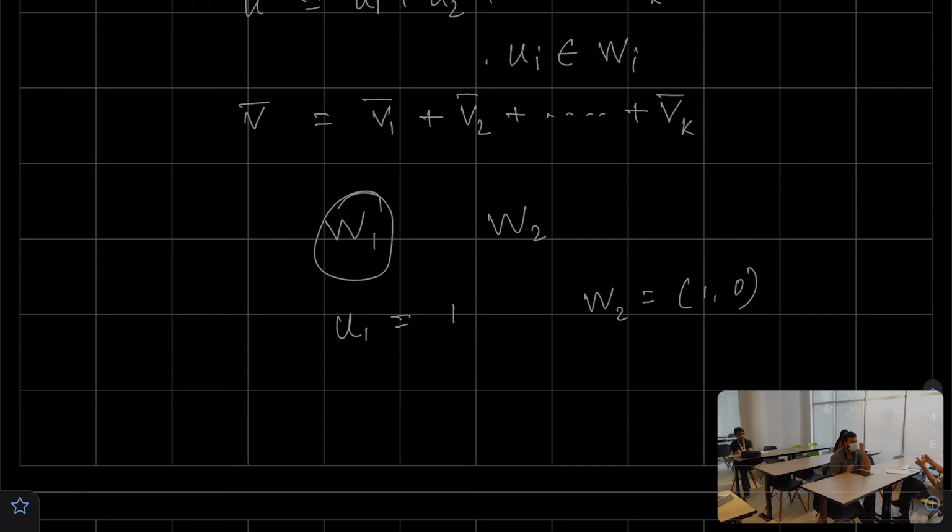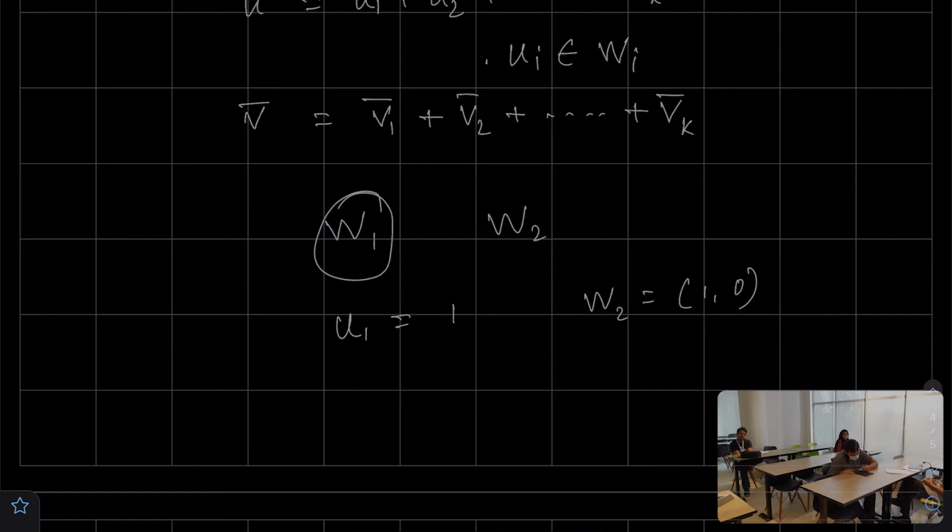But I'm not adding U1 with U2, I'm adding U1 with V1, in order to give the vector addition. This addition is the addition of the original vector space, because these are all subspaces of the original vector space V, and you can always do that because all these vectors are in the original vector space.